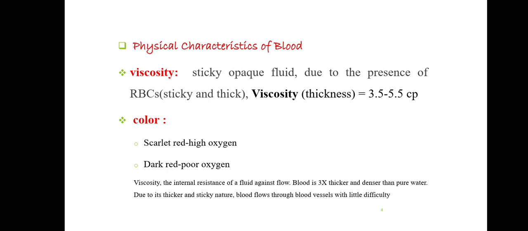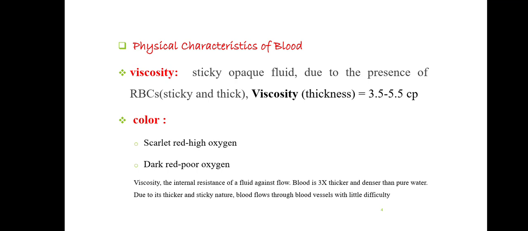Basically, the viscosity comes as a result of the sticky, opaque fluid due to the presence of red blood cells, because the red blood cells are thick, and this brings about the thickness. The thickness is measured in pascal per second, and there are different sub SI units that you can find, the centipascals, etc.